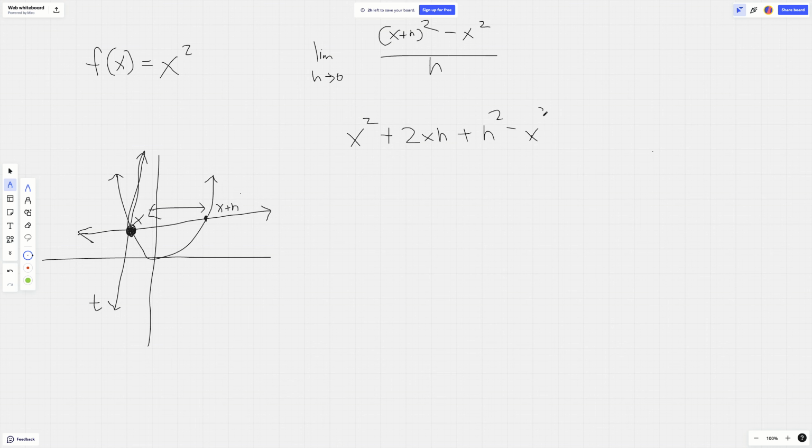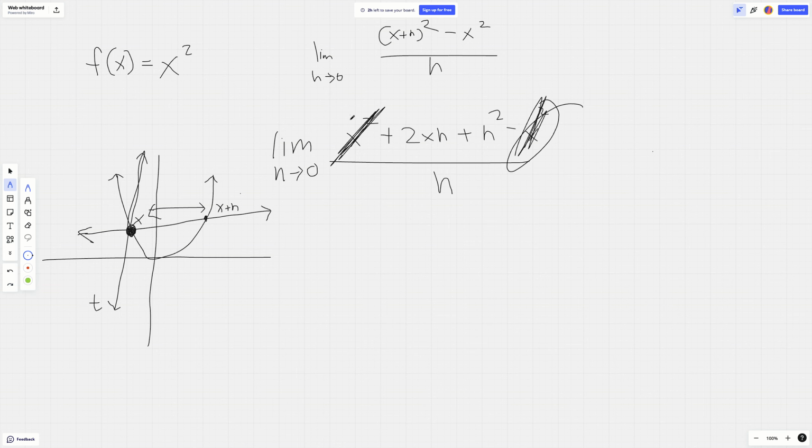And again, we are all dividing this by h. Okay, that's nice. All of a sudden, we see that our x squareds cancel out. Sorry, I forgot to write the limit as h approaches 0, our horizontal distance. Okay, so that's the limit as h approaches 0. So our x squared cancels out here.